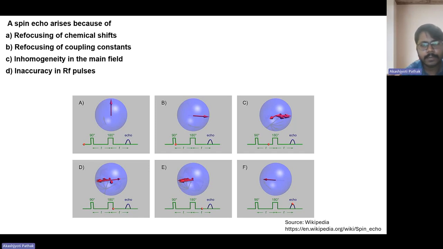I'll give you 2 to 3 minutes to think on this, and I'll then explain. And there is also this reference diagram for you to understand.